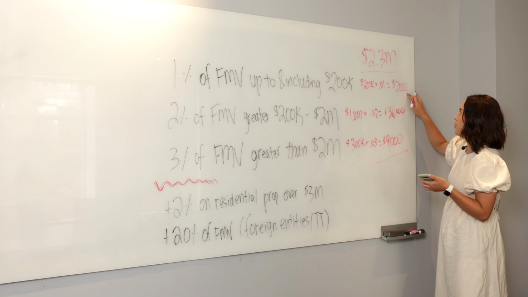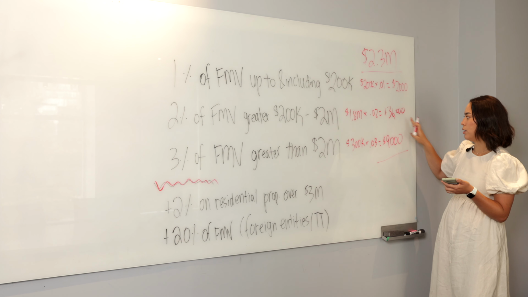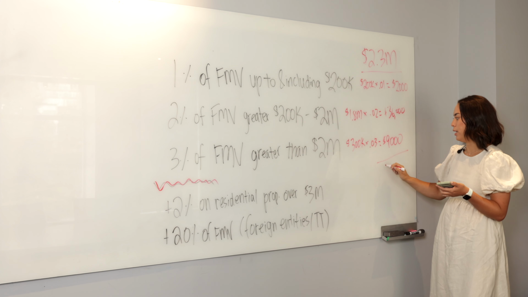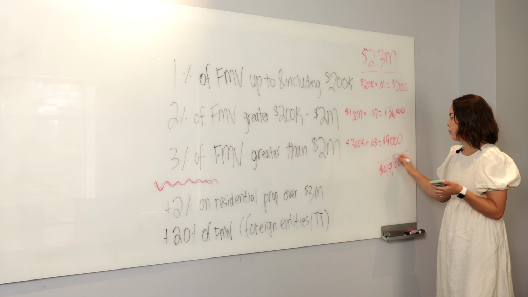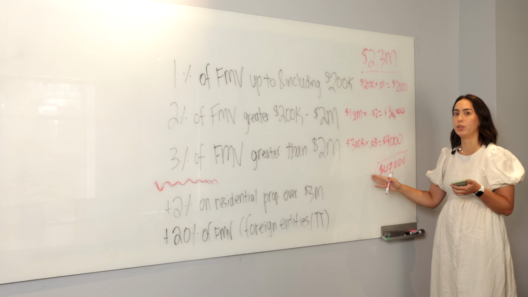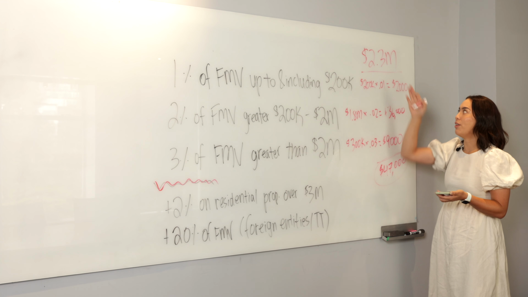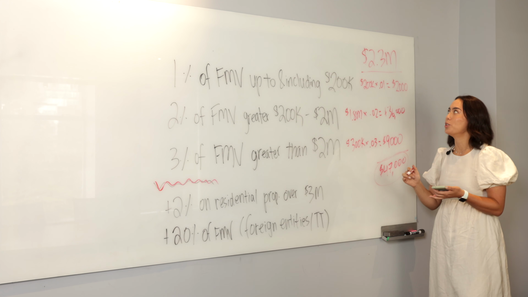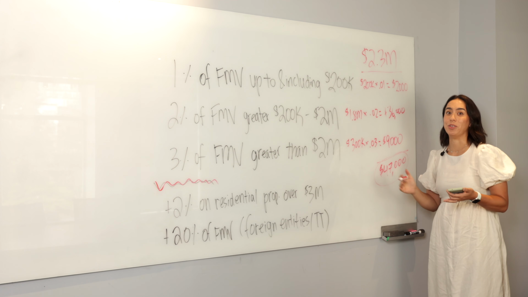So we add up 2,000 and 36,000, that is 38,000, plus 9,000 is $47,000 that you would be paying on property transfer tax at completion. The buyer would be paying this in the event that you are purchasing or getting title to a $2.3 million house, and that is your full inclusion.